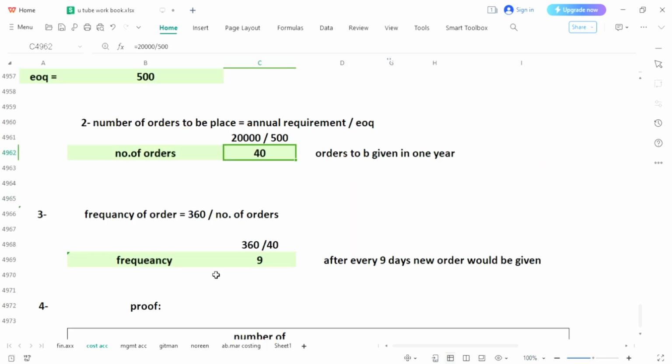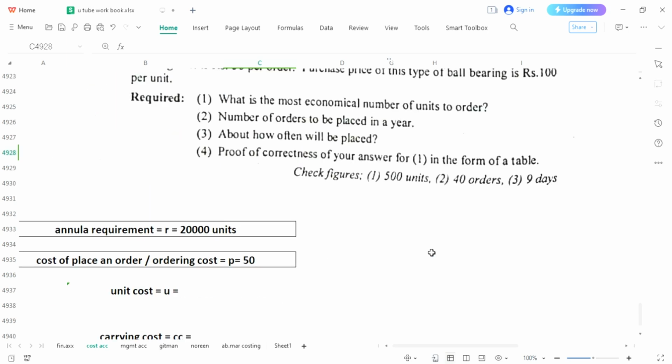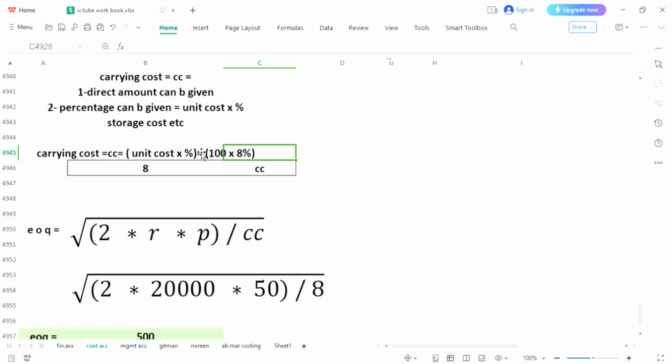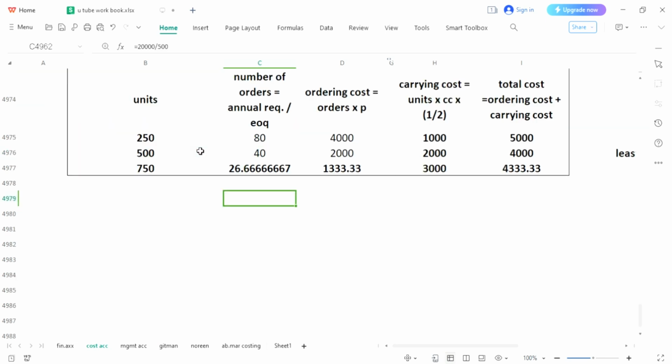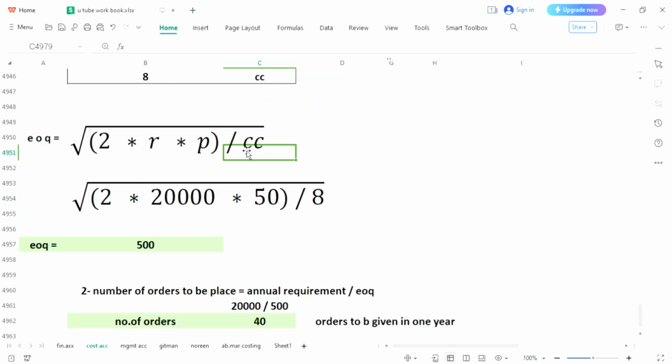Frequency of order 9 shows that after every 9 days you will give an order. And finally the fourth requirement was to prove, and as you can see, we have proved that with 500 units, cost would be less than that of any other number of units, less or more. All four parts are completed.